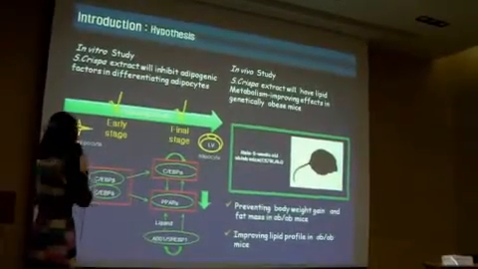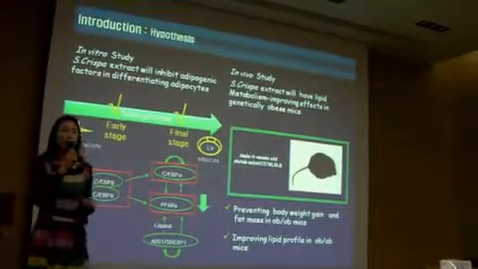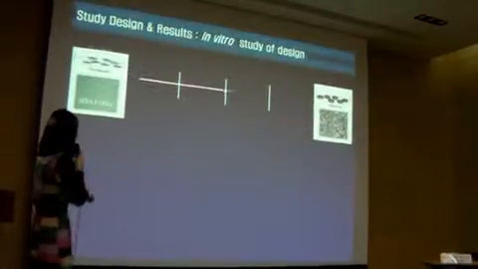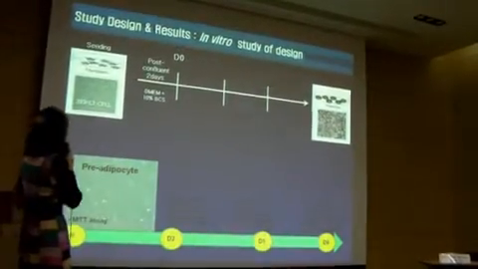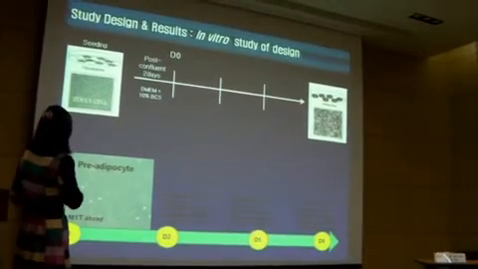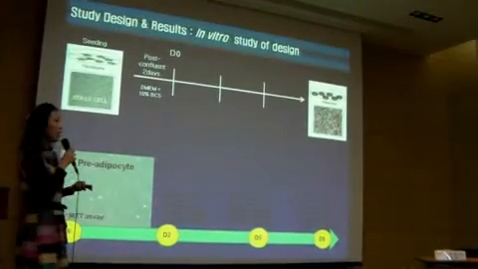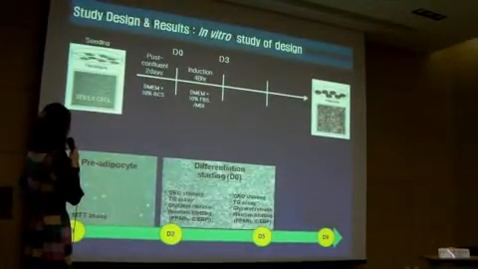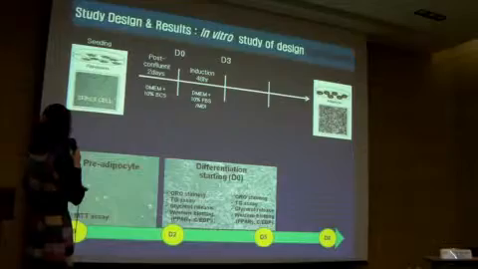On the next slide, I will explain the design of the cell study. The cells were treated in serum-free medium and the cell toxicity was analyzed by MTT assay in the pre-adipocytes. And then the cells were treated with the differentiation induction cocktail with the medium.